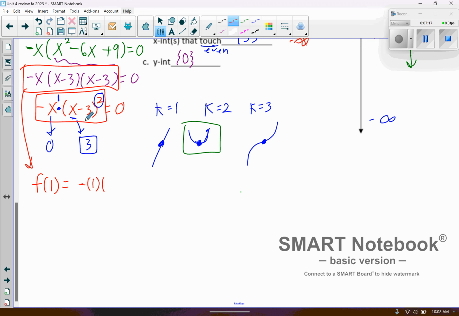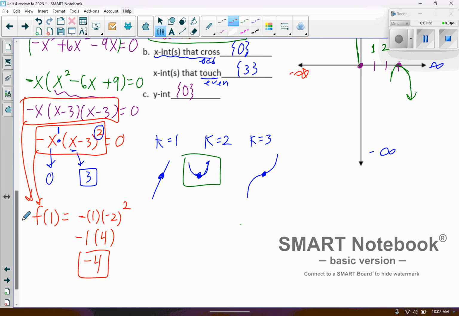That would be a little bit easier. So then let's see, 1 take away 3 is negative 2 and then squared. So I'm actually plugging it into that one. Okay, so negative 2 squared becomes positive 4, and then negative 1 times positive 4 is negative 4. So I know at 1 I should be at negative 4. So let's see, negative 1, 2, 3, 4. So about right here.